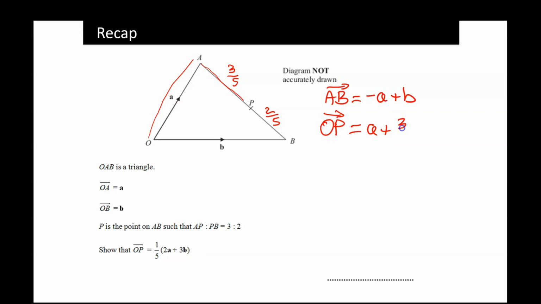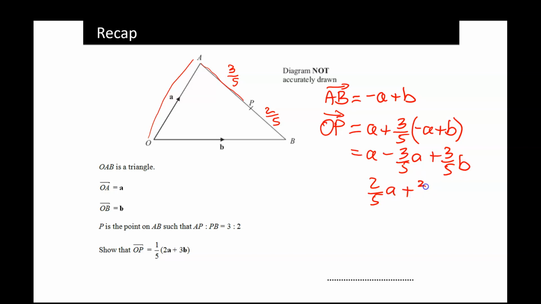So plus 3/5, and notice I'm going the right way down it, A to B, 3/5 of minus A plus B. Multiply it out, so I've got A minus 3/5 A plus 3/5 B. Okay, and then that's going to give me 2/5 A plus 3/5 B. Not quite how the answer wanted it, but we can factorise. We can take a fifth out, which therefore gives me 2A plus 3B.